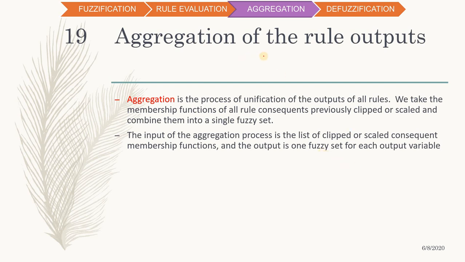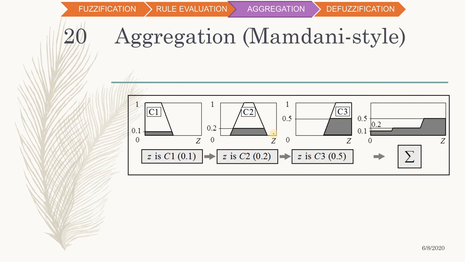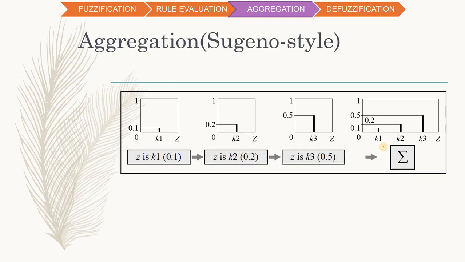The aggregation of the rule output is the same. Aggregation is a process of unification of the outputs of all rules. Previously you saw the aggregation of Mamdani, where you aggregate all of the clipped fuzzy graphs into one aggregation graph.